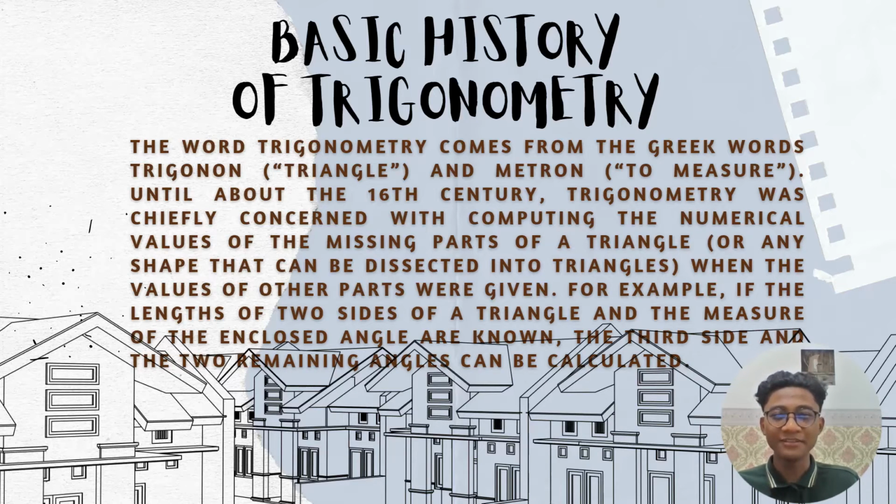For example, if the length of two sides of a triangle and the measure of the enclosed angle are known, the third side and the two remaining angles can be calculated.